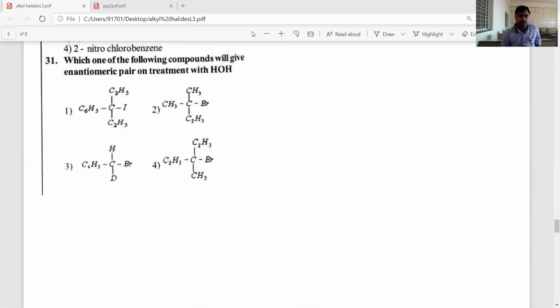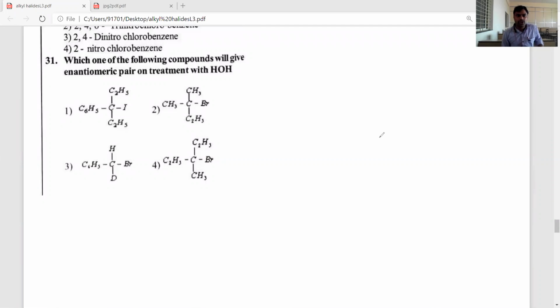Which of the following compounds gives enantiomeric pairs when treated with water? Among these, the compound which has an asymmetric carbon, that is, a chiral carbon, will give them.